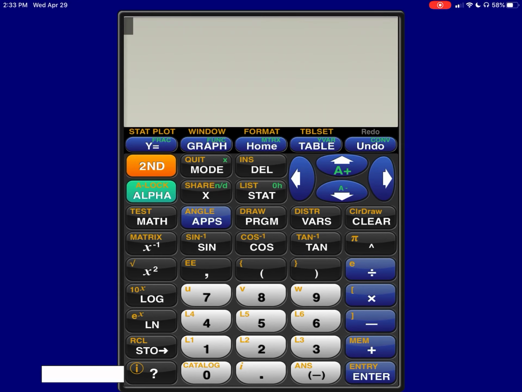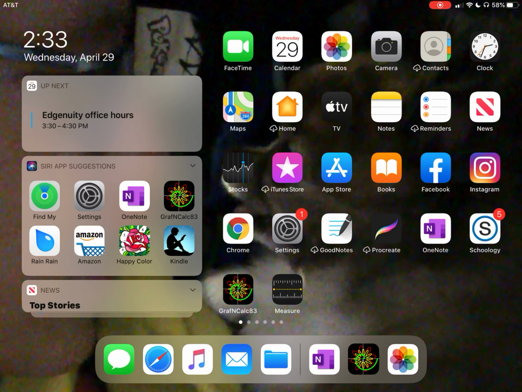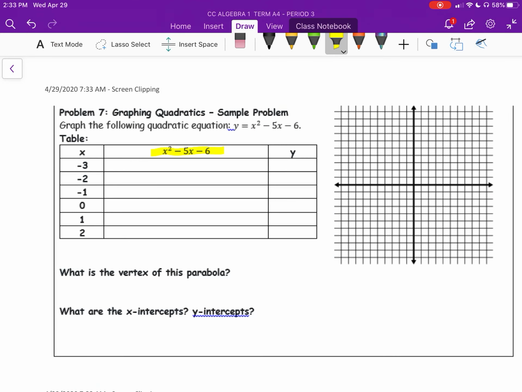So the nice thing about the calculator is we can go back to this table and it's going to give me my output values. So I'm just going to plug those in back here. So -3, it looks like we had 18. So -3, 18.